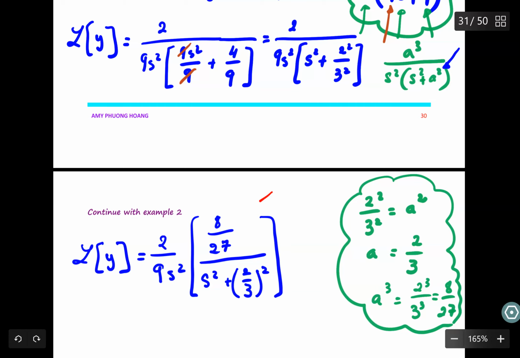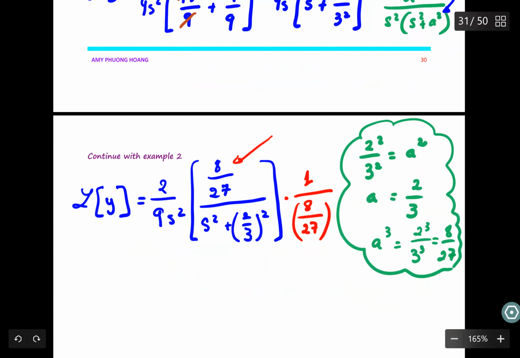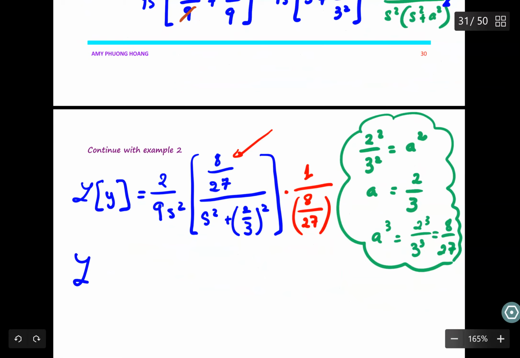Since I multiplied the numerator by 8 over 27, I should divide by 8 over 27 here. So that means I multiply by 1 over 8 over 27. Let's simplify all the numbers.